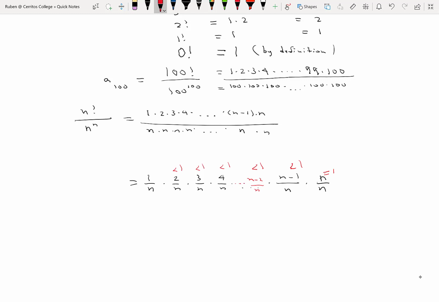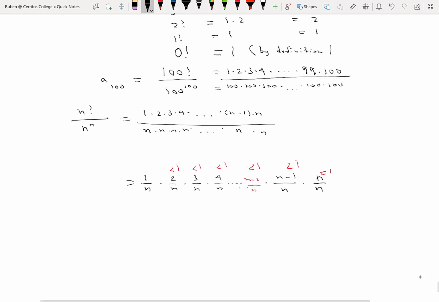Okay, so what I'm going to do is replace a whole bunch of those factors, specifically the ones starting at 2 over n all the way up to n minus 1 over n. I'm going to replace those with 1. But if I replace those with 1, I'm changing the value of the general term.